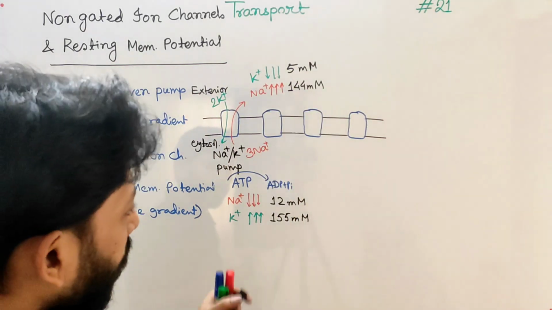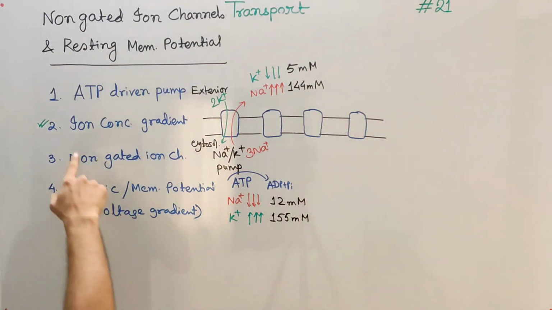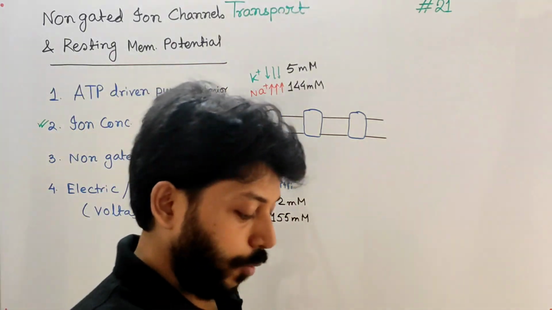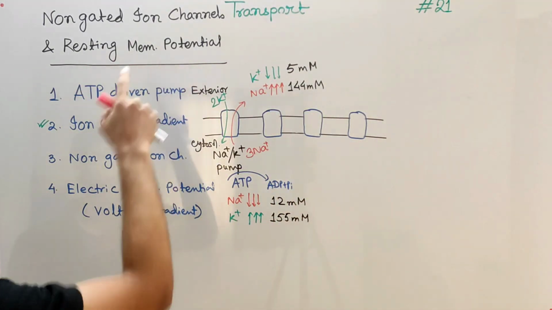See, there is a difference of the ion concentration, and that we call ion concentration gradient, that is generated by the ATP driven pump.